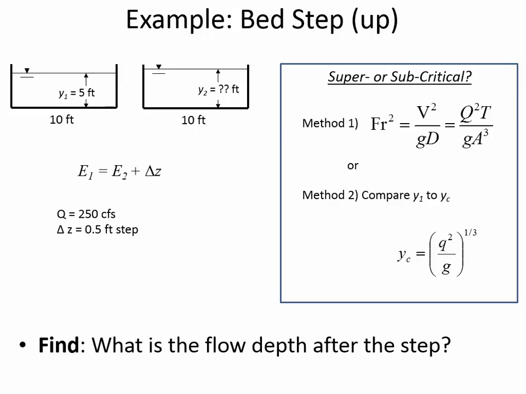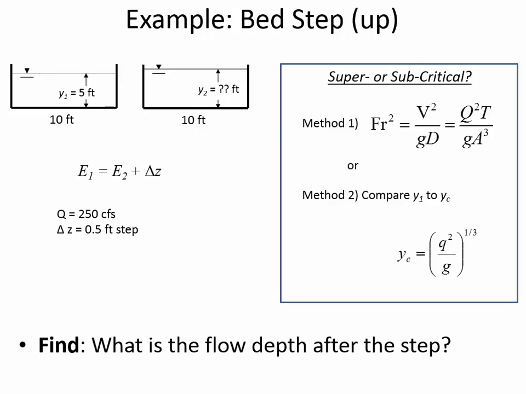It's the same slope and the same width, though. We have a flow rate of 250 cubic feet per second. And then the step, this is a step up, is 0.5 feet. So I'd like you to calculate what is the flow depth after the step. It's the same process as it was before, but E1 is E2 plus delta Z instead of minus delta Z.